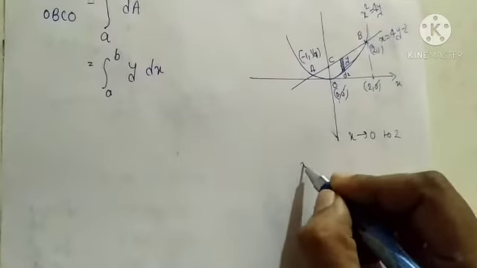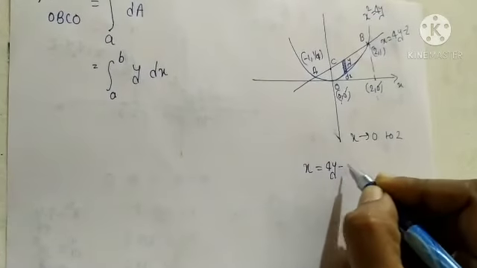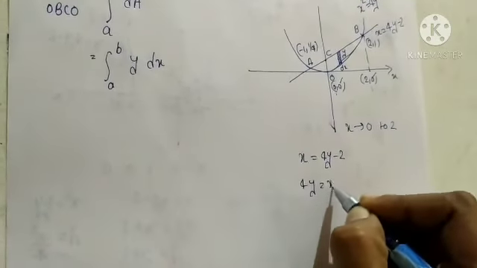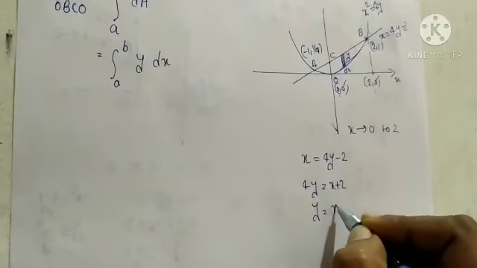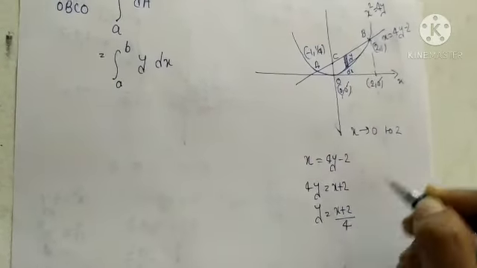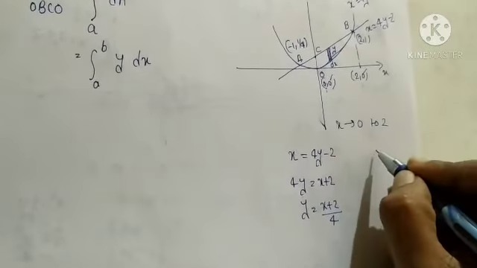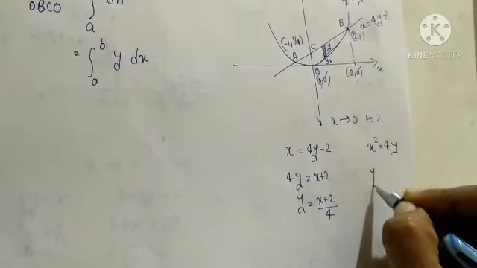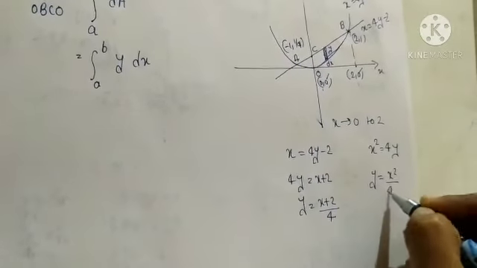So here x equal to 4y minus 2. So from this we get 4y equal to x plus 2, or y equal to (x plus 2) divided by 4. And similarly the parabola equation x square equal to 4y, we get y equal to x square by 4.